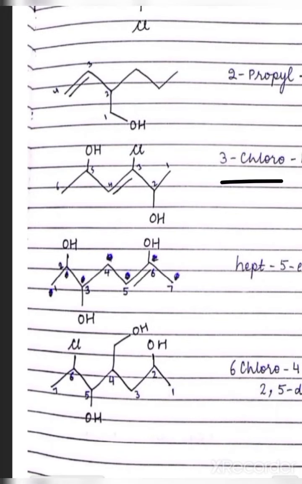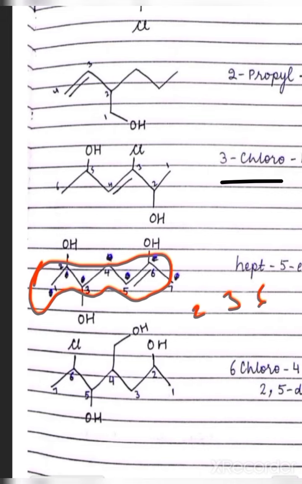Now our next example, the principal carbon chain is this. So we can number it either from the left hand side or from the right hand side. We will number from the side that will give the alcohol group the lowest position possible. So if I number it from left hand side, then the alcohol groups are getting 2, 3 and 6 positions.